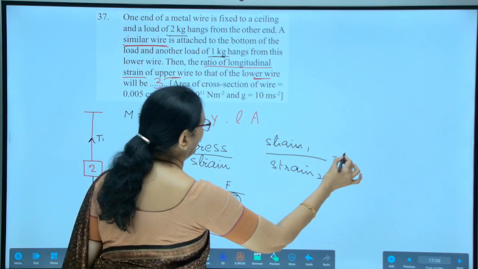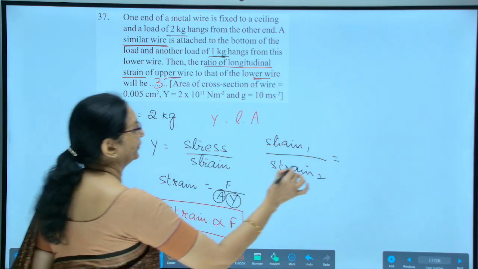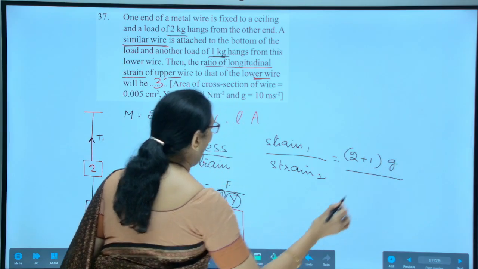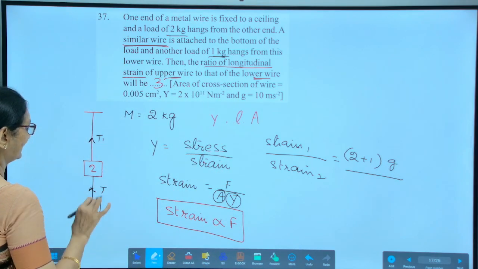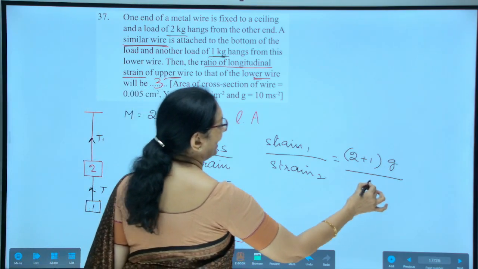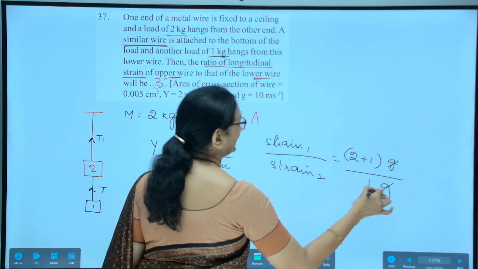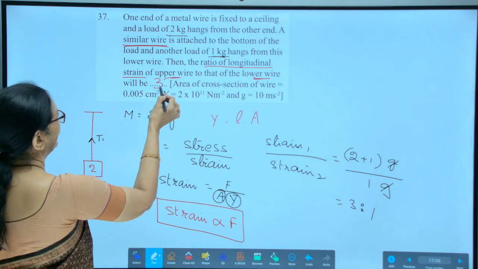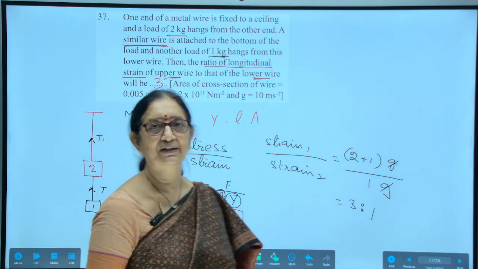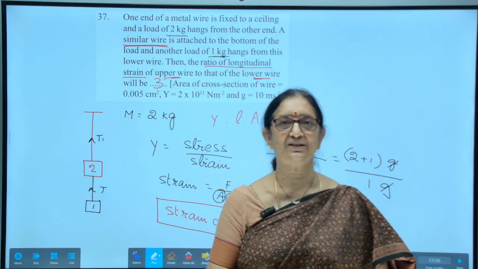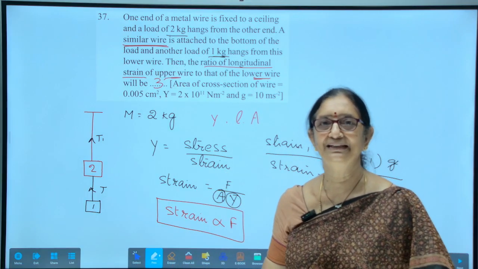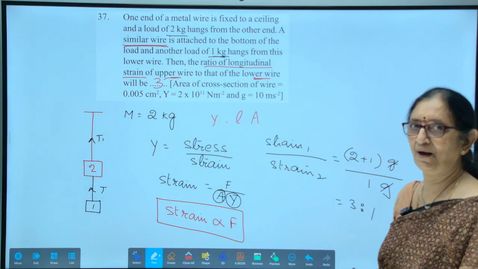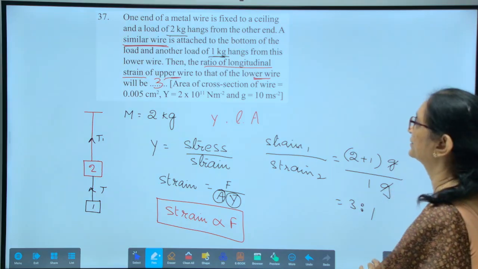T1 is equal to M1 plus M2 into G, that is 2 plus 1 into G. And the tension in the lower wire is nothing but 1 into G. So this is 3:1, so the ratio is 3. The ratio of longitudinal strain in the upper wire to that in the lower wire is equal to 3. That is a simple problem. Okay, move on to the next problem.